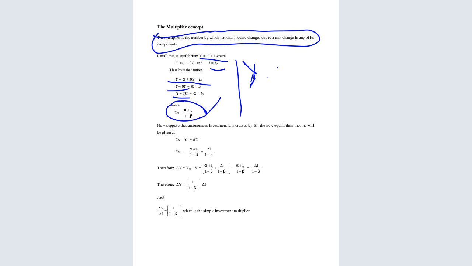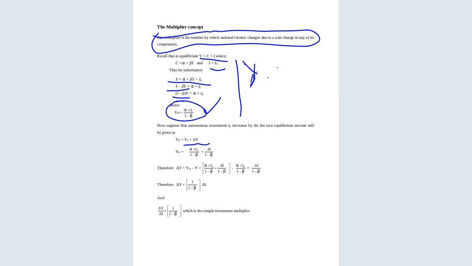Now, suppose the autonomous investment increases by change in I. What will happen to the equilibrium income? We have now the new income and the previous income. If investment changes, our new equilibrium will be the new income plus the old.